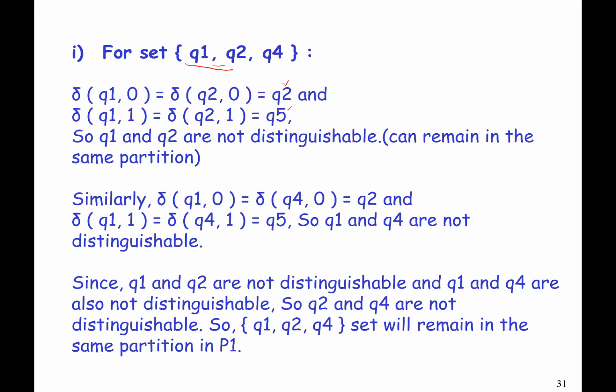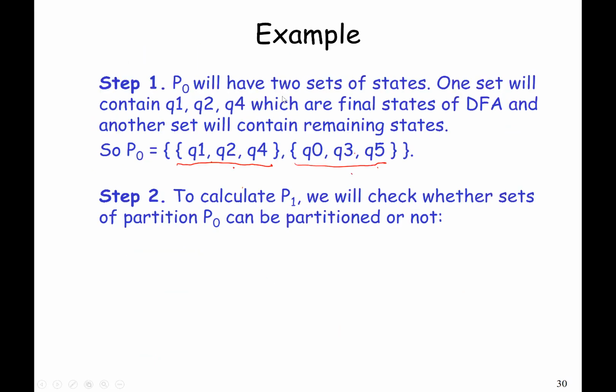But our checking process is to see if Q1 and Q2 are distinguishable on an input. Q1 on a 0 and Q2 on a 0 go to Q2, the same state, and Q2 is of course in the same partition.